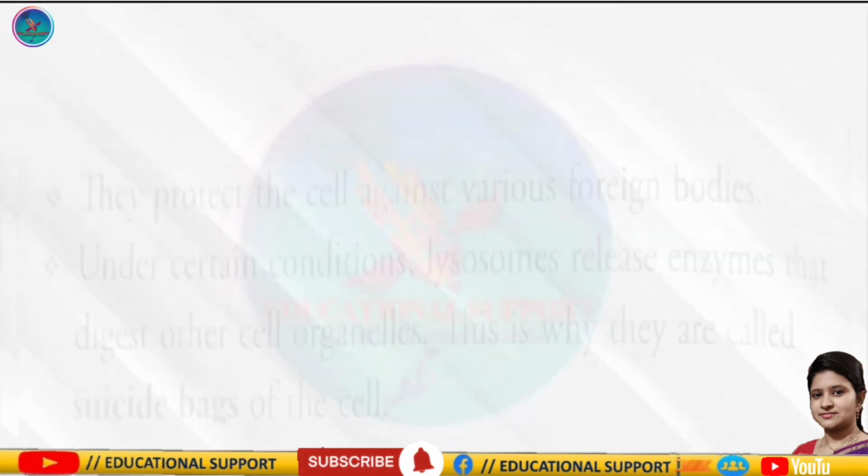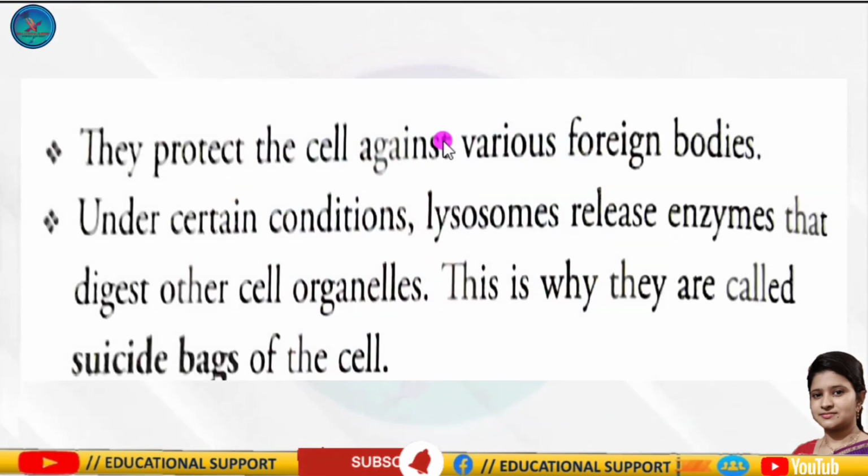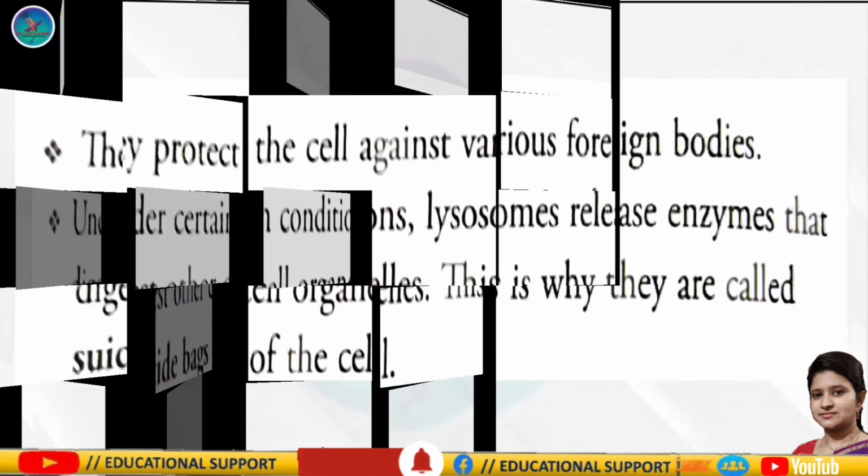They protect the cell against various foreign bodies, and under certain conditions, lysosomes release enzymes that digest other cell organelles, and that is why they are called the suicide bags of the cell. This is very, very important: suicide bags of the cell.